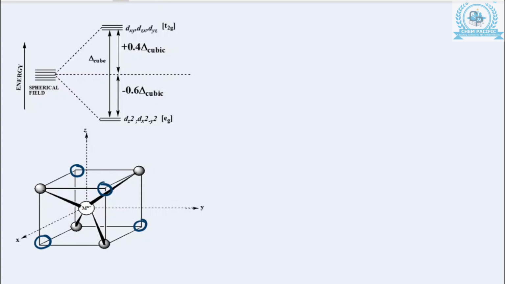And if you see, that cube is centrosymmetric, that is why in this case this is gerade in nature.